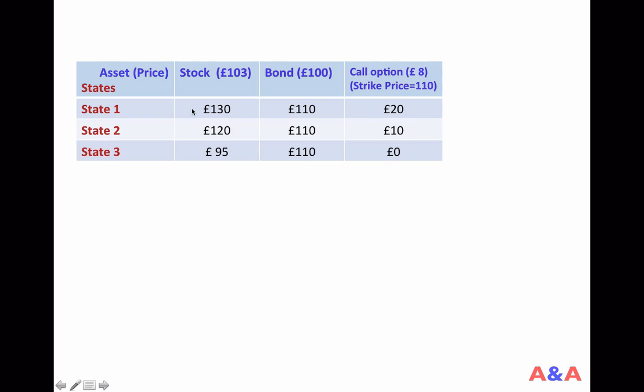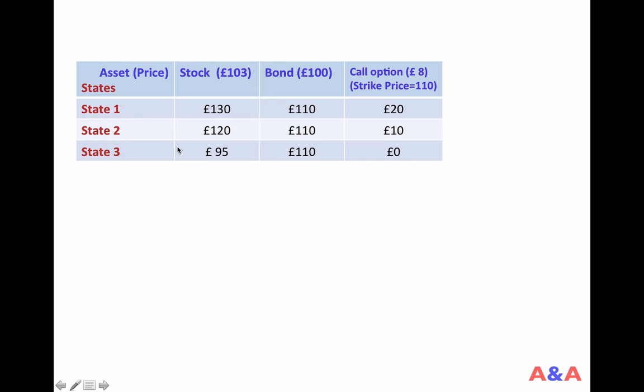If state 1 realizes, the value of this call option, the right to purchase company X's stock for £110, is £20. Because with this call option, you can buy something that is worth £130 only by paying £110. So the difference, £20, is the value of this call option.